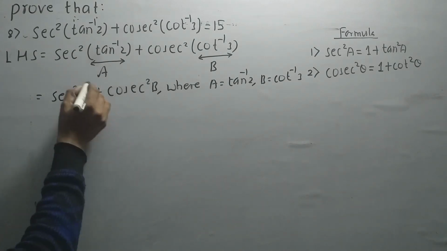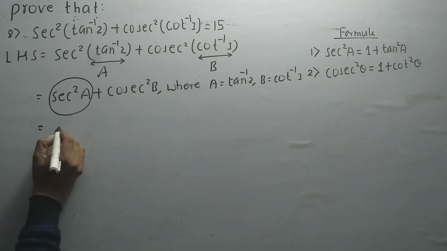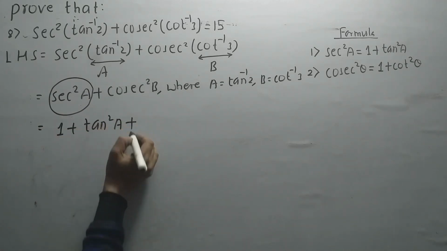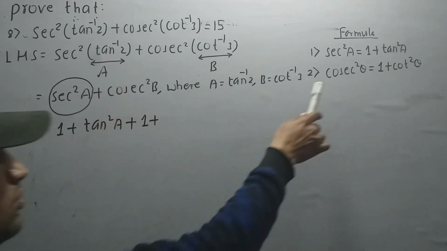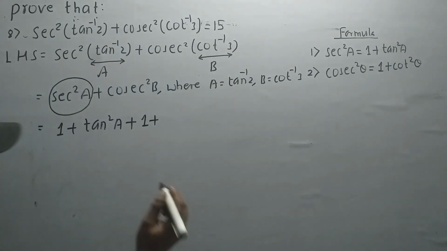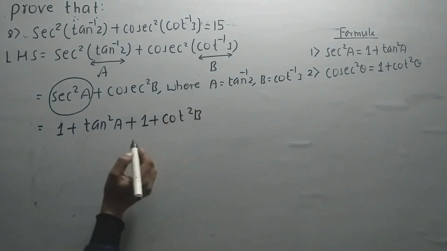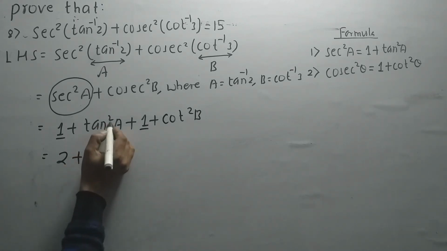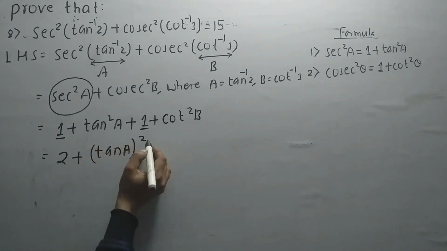For this sec square A, we are going to convert that in terms of tan. So sec square A is 1 plus tan square A, plus cosec square B is 1 plus cot square B. After that, this 1 and 1 added here give 2, plus for this tan square A, for easy understanding, let me write here tan A whole square.